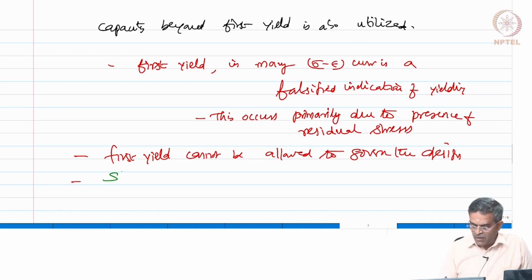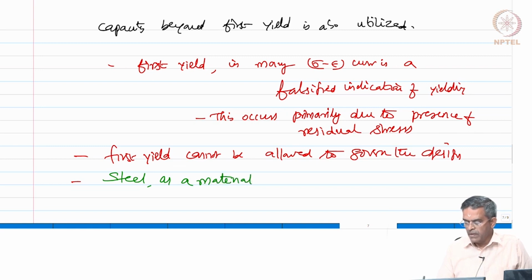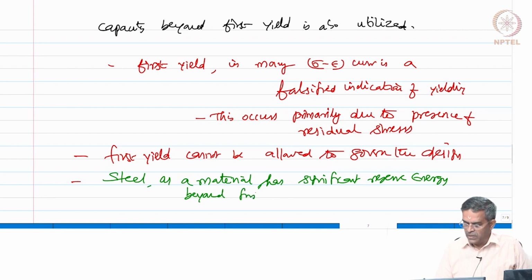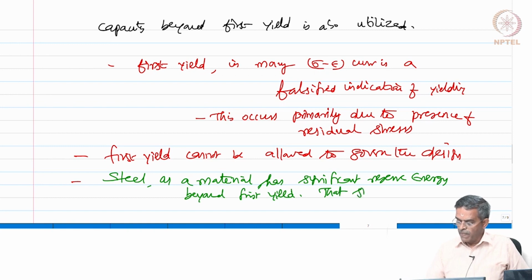Secondly, steel as a material has significant reserve energy beyond first yield, and that should be utilized. So, that is the focus of plastic design. Okay? The focus of plastic design is that.